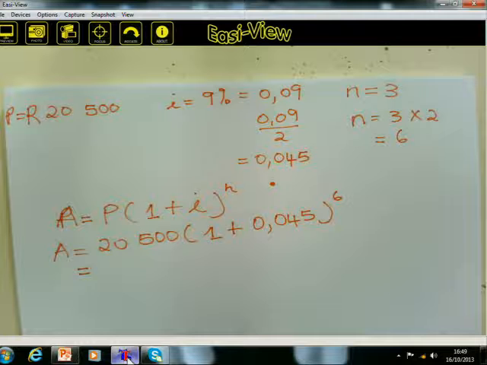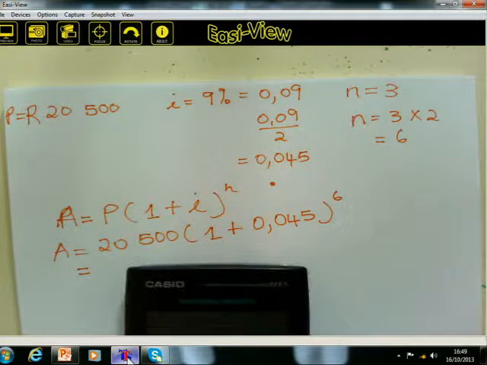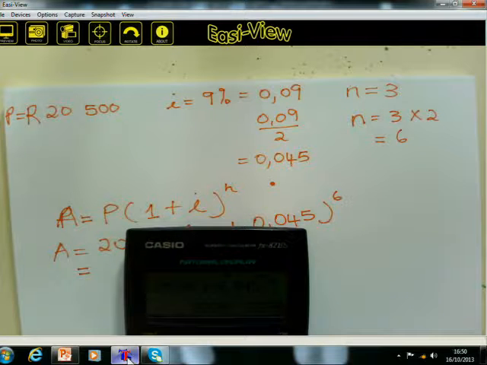So let's calculate that. 20,500 bracket 1 plus 0,045 close bracket to the power of 6. 26,696 rand 33256. So we're going to round it to 2 decimal places.